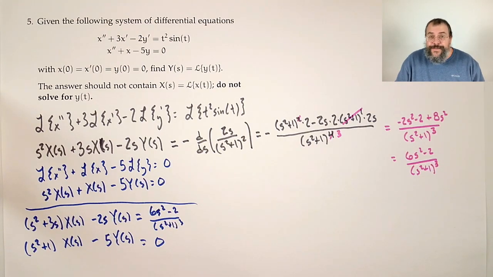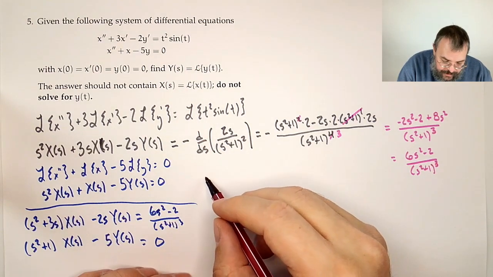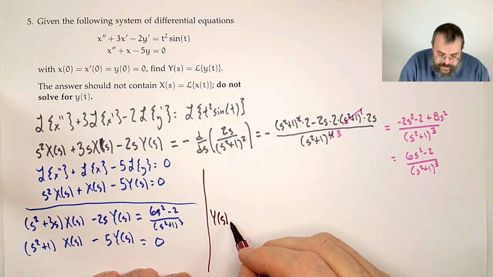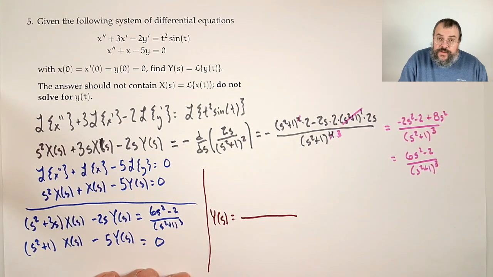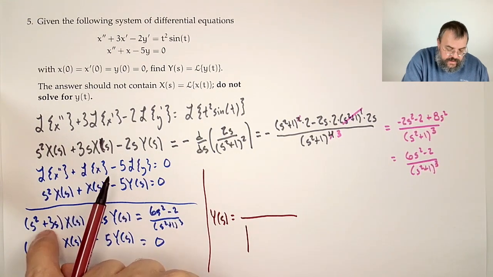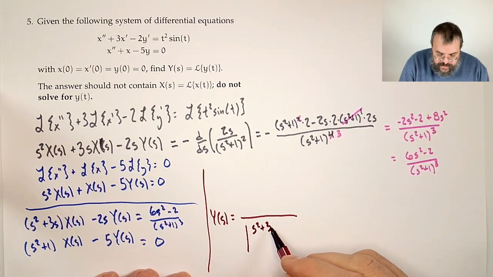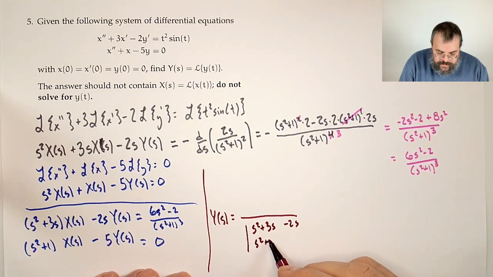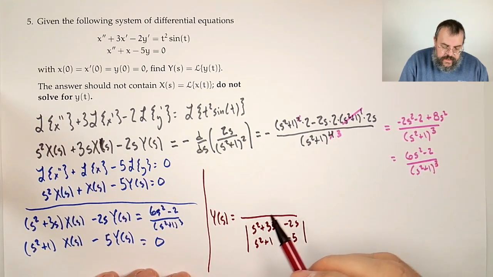But we know how to solve these. And in particular, we need to find y of s. And so we're in the home stretch. Say, hey, there's a way to do this by Cramer's rule. So y of s is going to be a ratio of 2 things. Downstairs are these coefficients: s squared plus 3s, minus 2s, s squared plus 1, and minus 5.